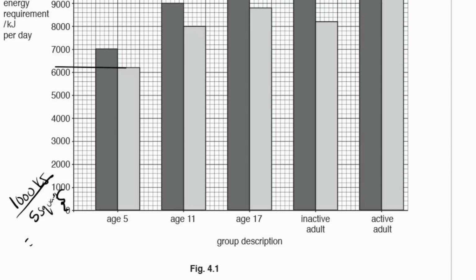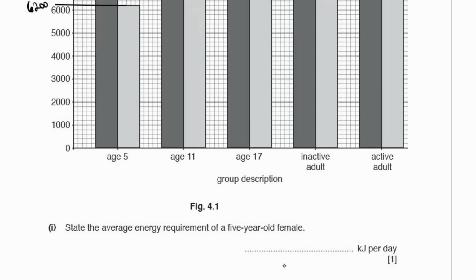That equals 200 kilojoules per day per square. So every time you go up 1 square, you go up 200 kilojoules. So this is 6,200 kilojoules per day. Units are already in there, so you don't have to worry about that.